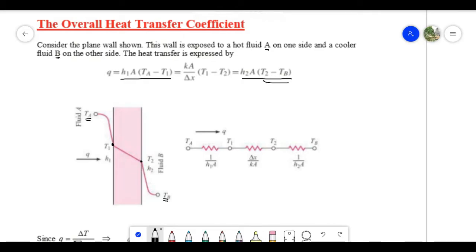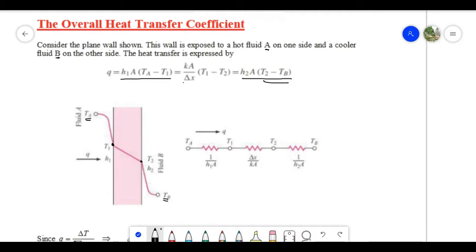We already know how these equations have been derived, from the second mode of heat transfer, which is heat convection. And in the middle, the heat transfer is due to conduction.